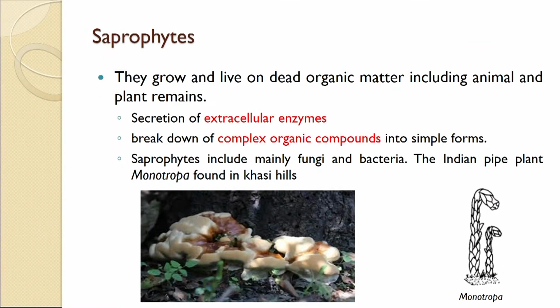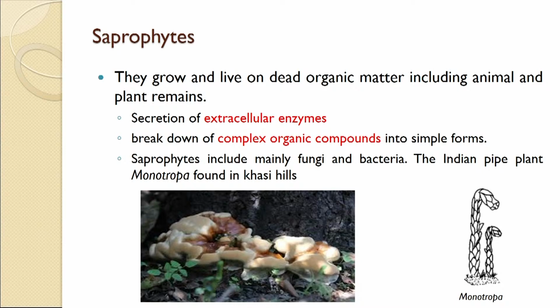Saprophytes are one of the types of heterotrophic nutrition. They basically grow and live on the dead organic matter, including animal and plant remains. Here these saprophytes secrete some extracellular enzymes which act on this dead organic matter and ultimately break them down into simpler forms.